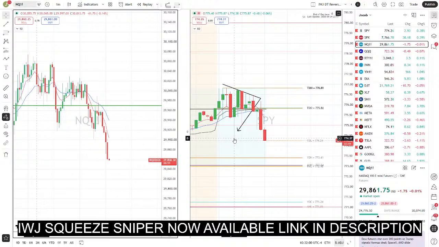SMH quickly turned negative, is now negative a half a percent. NASDAQ is closing the gap and turning negative. ES still has 30 points to go before it closes the gap, so we'll see if this gap close on NQ is going to result in a bounce or fall through.